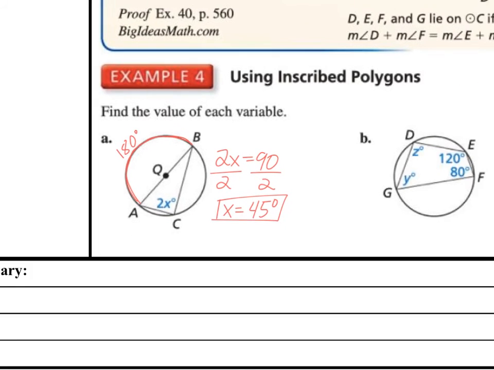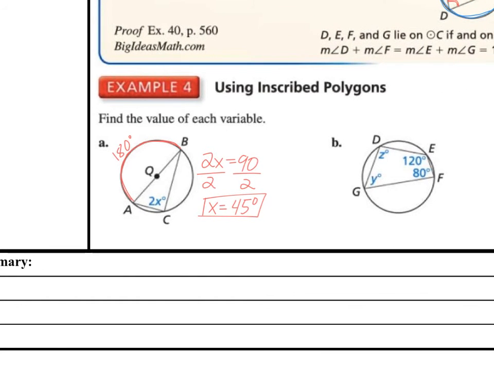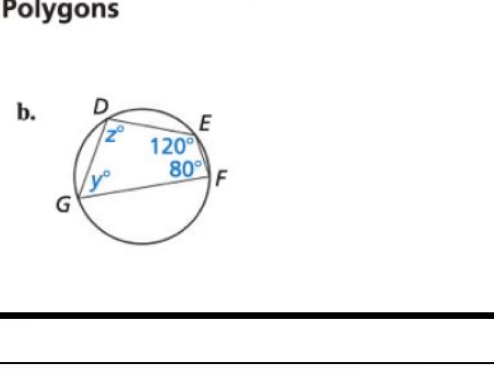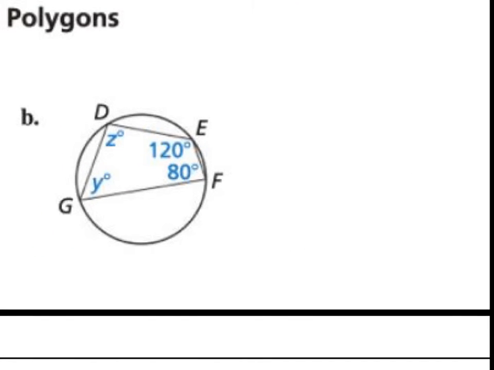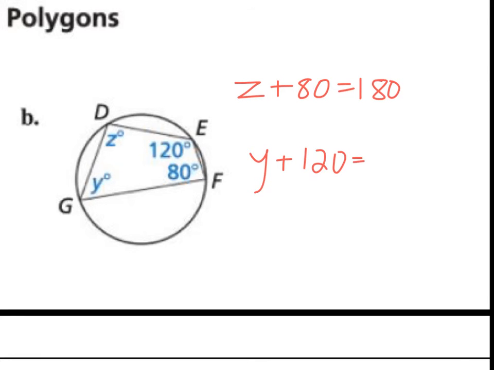Okay, and the last one, quadrilateral. Opposite angles have to be supplementary. So you should write two equations. One, z plus 80 equals 180. And another, y plus 120 equals 180.